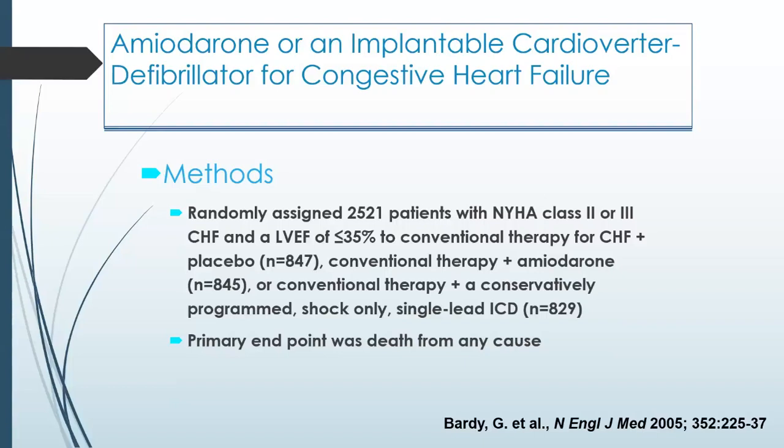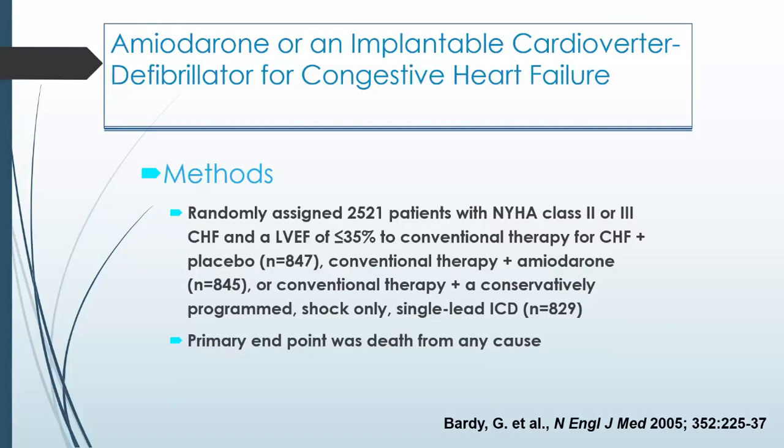That means that patients have symptoms with ordinary or less than ordinary activity, such as shortness of breath, exercise intolerance, that sort of thing. They also have a left ventricular ejection fraction less than or equal to 35%, which means their heart function is decreased. So they have weak hearts and they have symptoms from it.